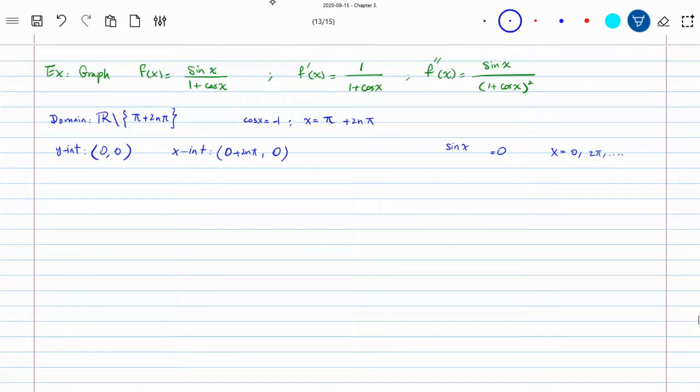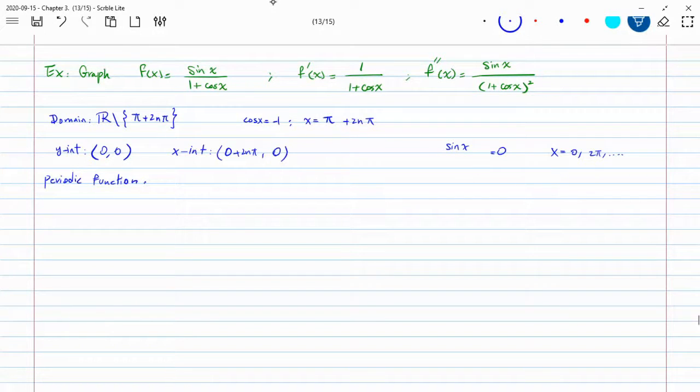After we find the domain and intercepts, you can look at the symmetry, but in this case, I'm going to discuss the periodic behavior. Simple sine and cosine each have a period of 2 pi. Every 2 pi, you will get the same function.